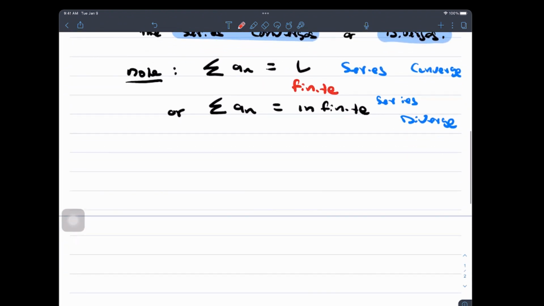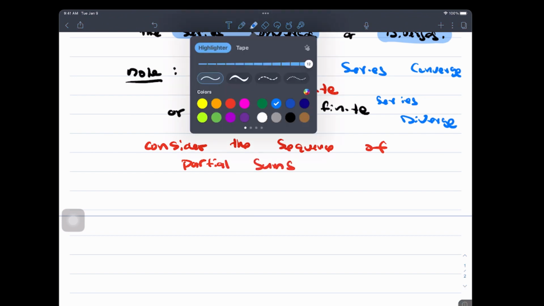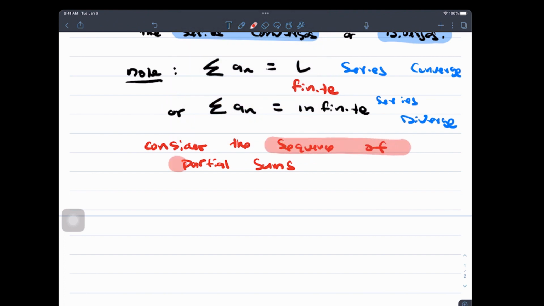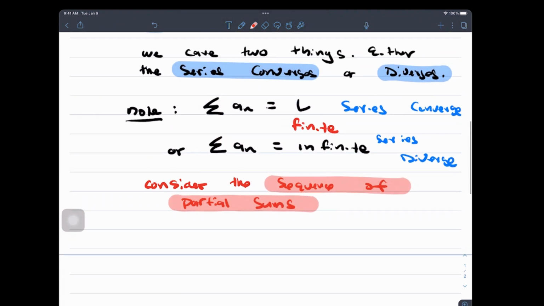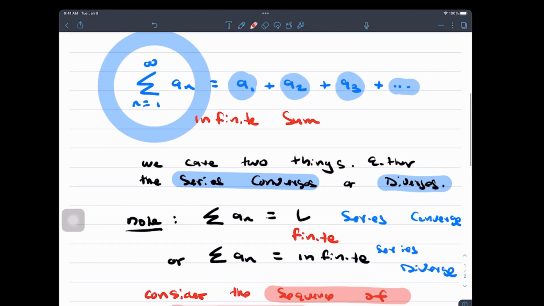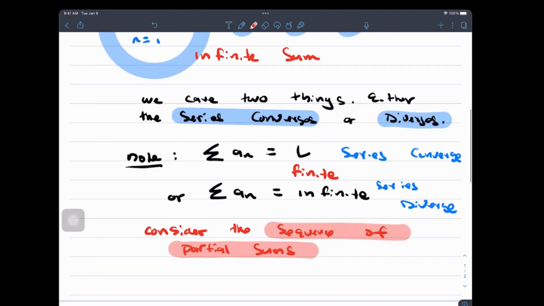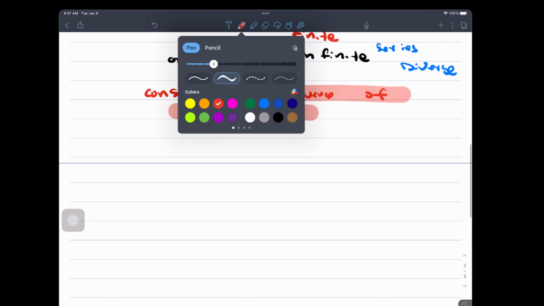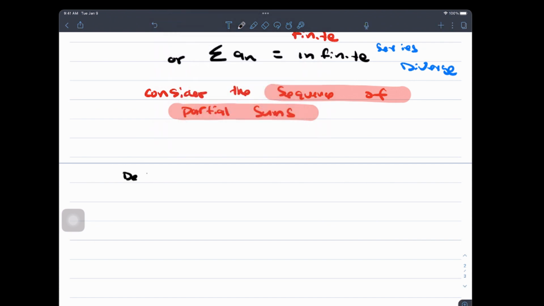So we have to define a series in terms of what is known as the sequence of partial sums. And then all of these definitions are going to make sense to us. If we consider the sequence of partial sums, now you might say, what is that? So you're going to have to define a sequence of partial sums.